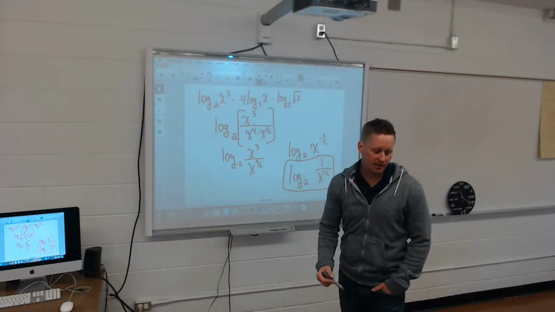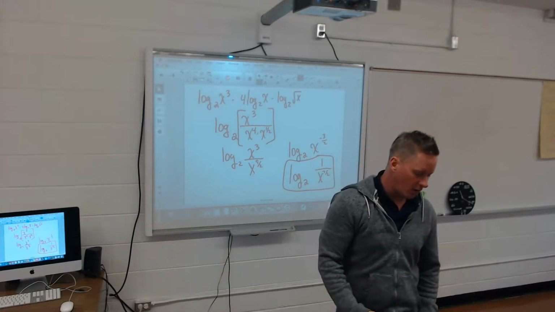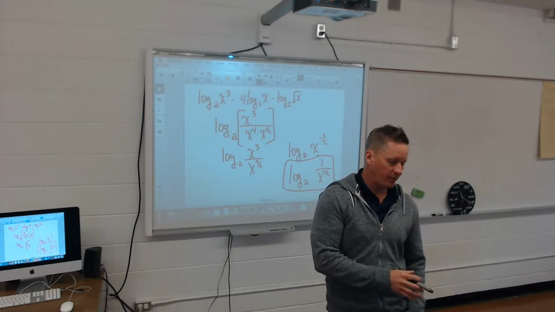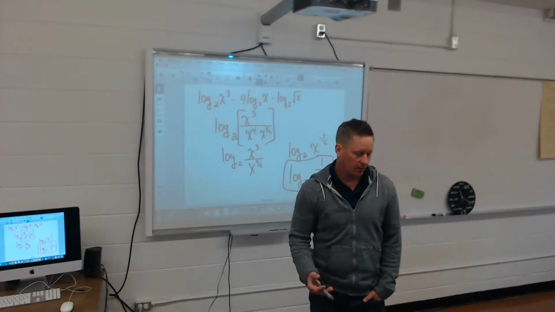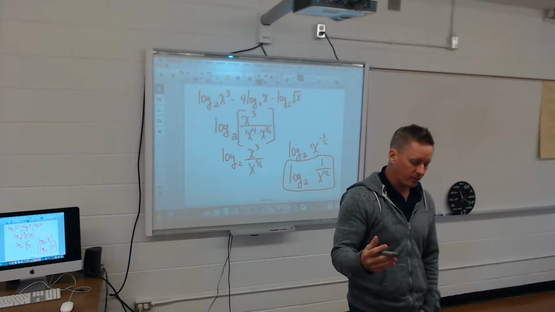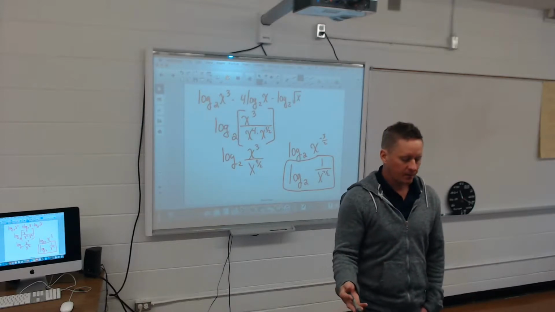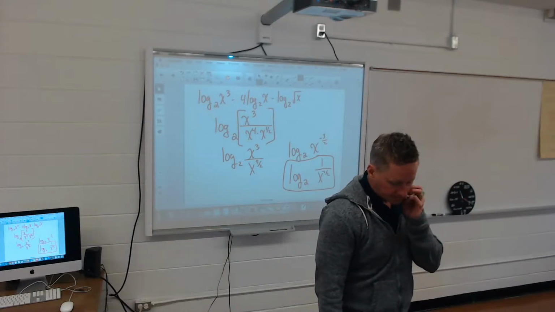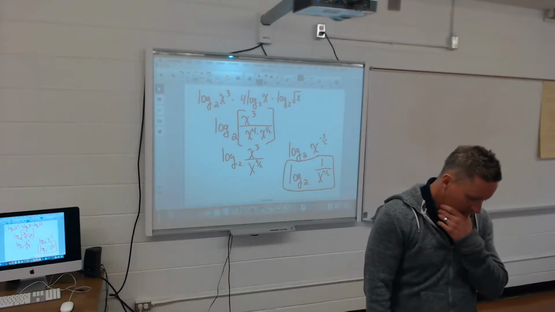Again, these are just to improve your ability to change from single logs to expanded form and expanded to single. And the reason that we're going to do that is so that we can solve for x values if they are in the logarithmic form.